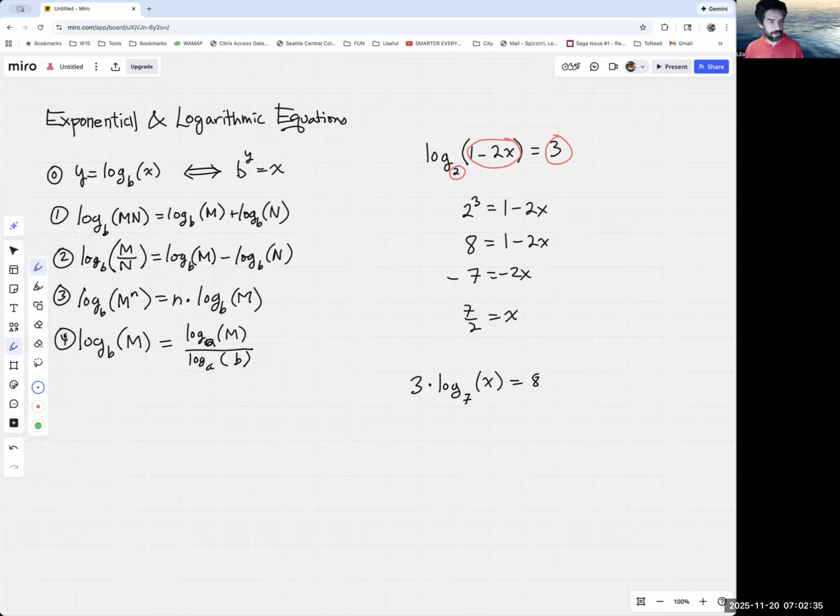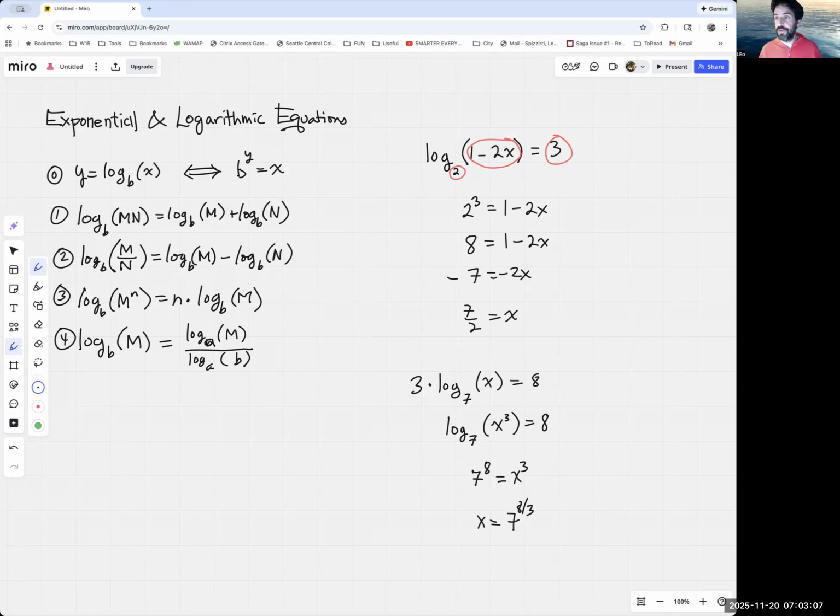I can use property 3 here, going from the left side to the right, to rewrite this as log base 7 of x cubed. And now I can use property 0, or the definition, and I know that 7 to the 8th is equal to x cubed, and I can take the cube root of both sides so that I'll have x is equal to 7 to the 8/3, right?